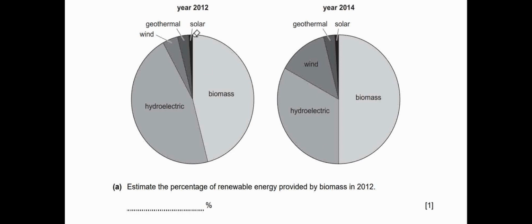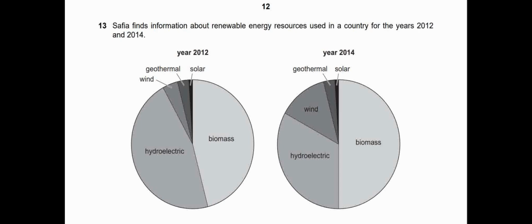2012. So we see from here, 2012. Up to here is 50%. Up to here is 50%. Half circle, 50%. And we divide this into 2. So this is 25%.